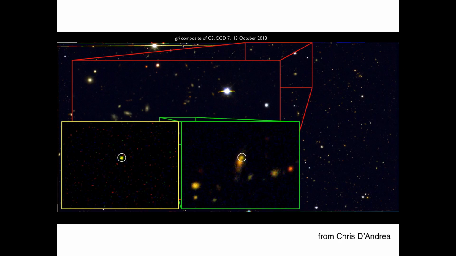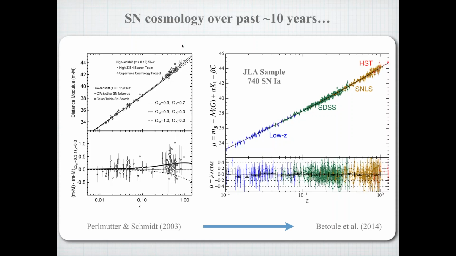Okay. So what are we trying to do? We're trying to make the best expansion history measurement that was ever made. Before DES started, this was the state of the art. On the right is what's called the JLA sample, the Joint Light-curve Analysis sample, which consists primarily of intermediate redshift type Ias found by SDSS and high redshift type Ias found by the Supernova Legacy Survey and just a few from the HST survey.